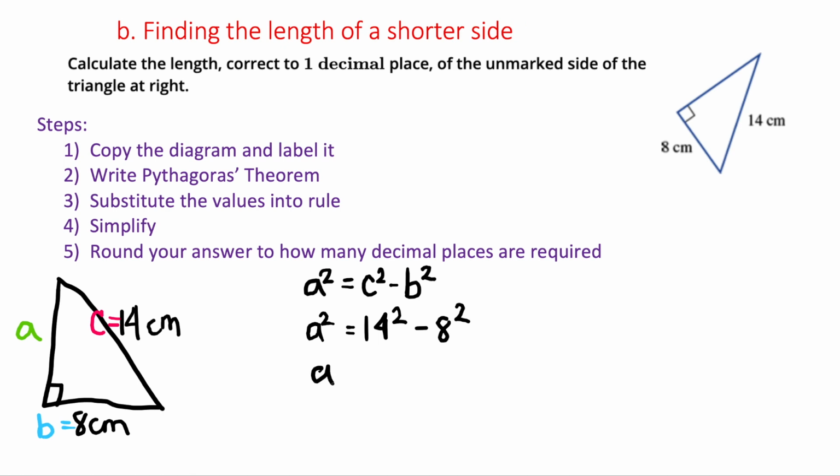So a squared is equal to 196 take away 64, and 196 take away 64 is 132. So a squared is equal to 132.